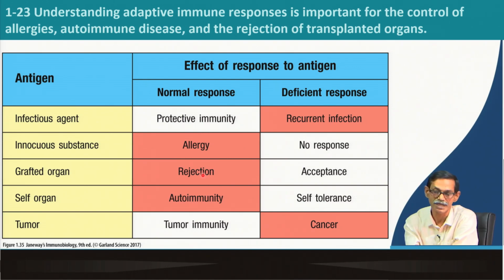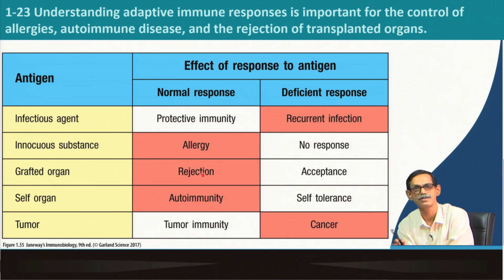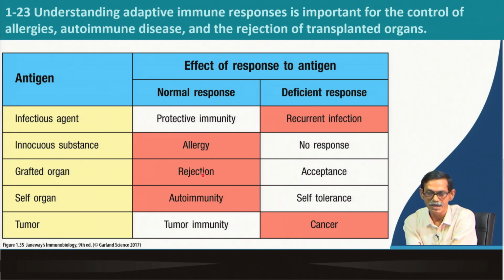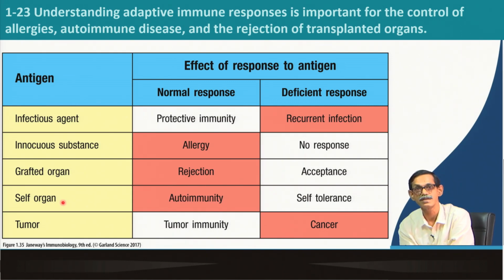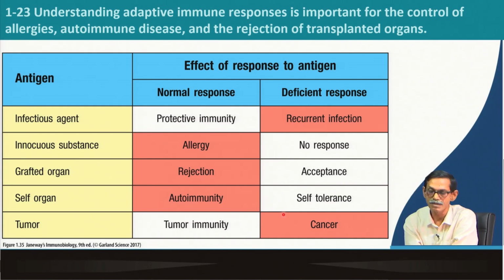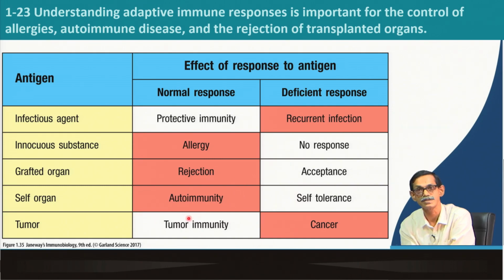These two, allergy and rejection, are non pathogenic, okay, most of the time. If there is a defect in the immune system that cannot recognize our own protein or own organ, then autoimmunity will happen. Okay. If self tolerance is deficient, the normal response to self organ is no response. If the immune system responds to the self organ, that causes another disease called autoimmunity.